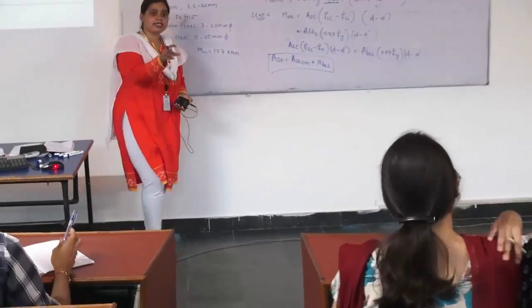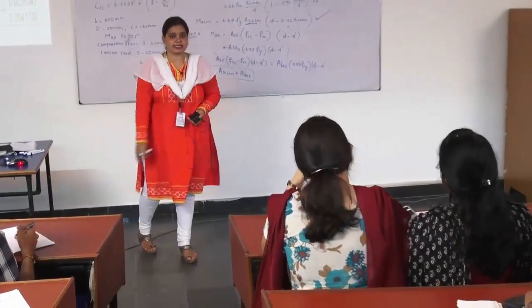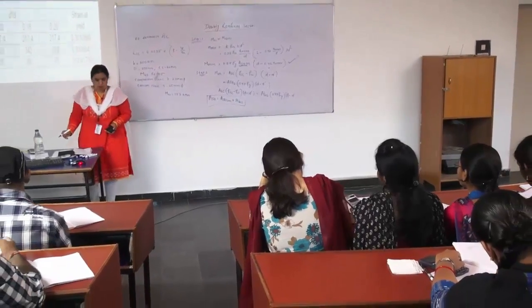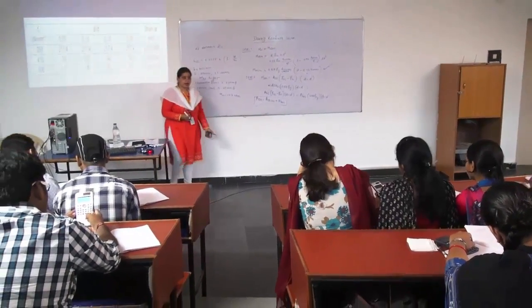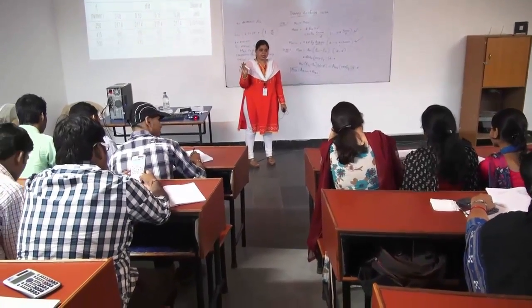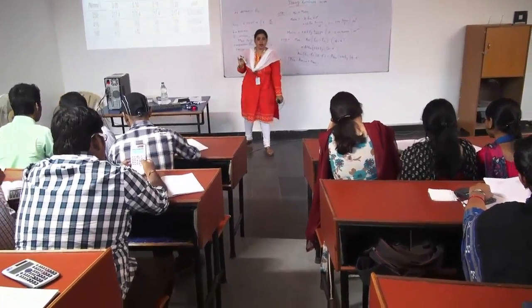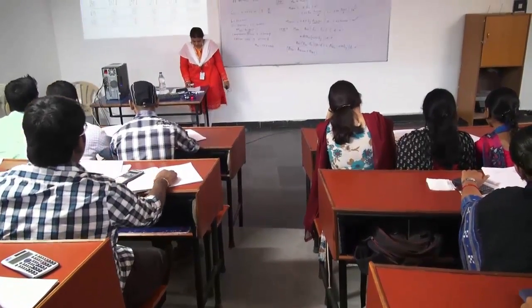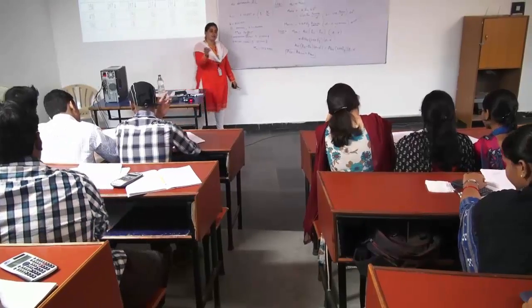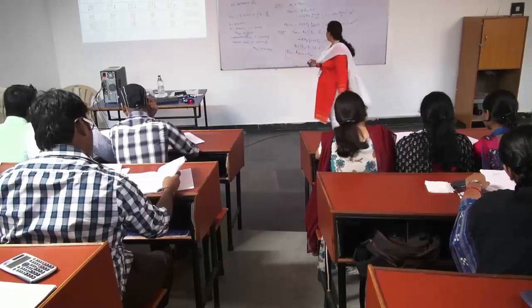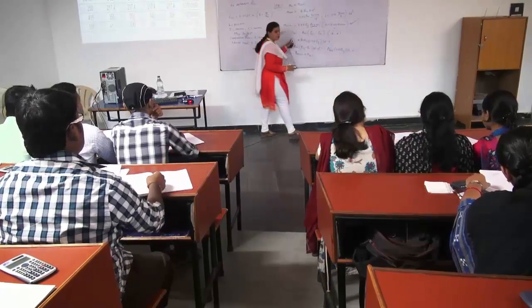AST2 equal to total AST minus AST1, which is 1127 mm square. So AST1, AST limit, AST2 and total AST, you all got. Okay, now MU2. Calculate MU2. Use this formula.